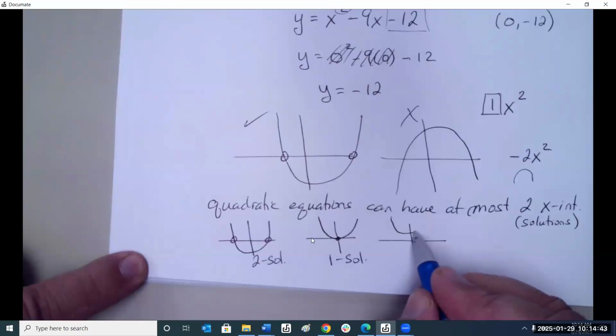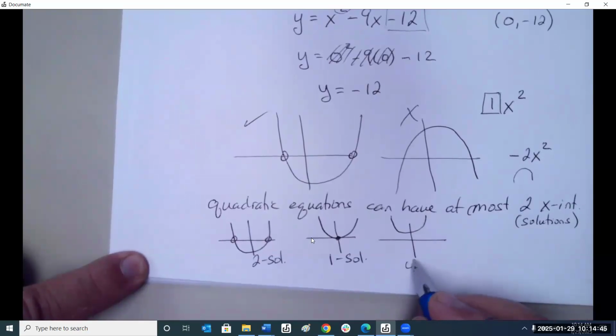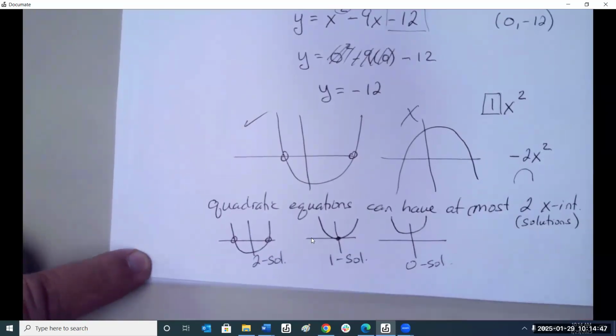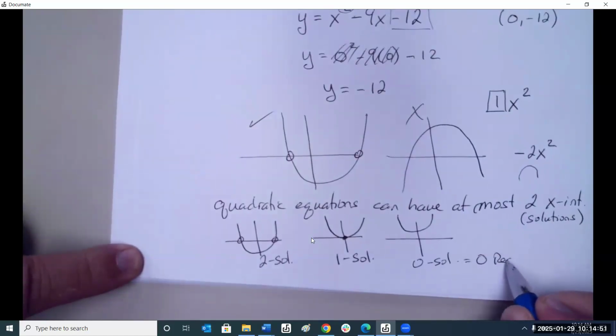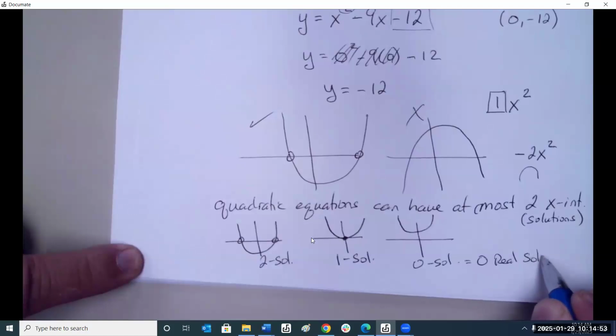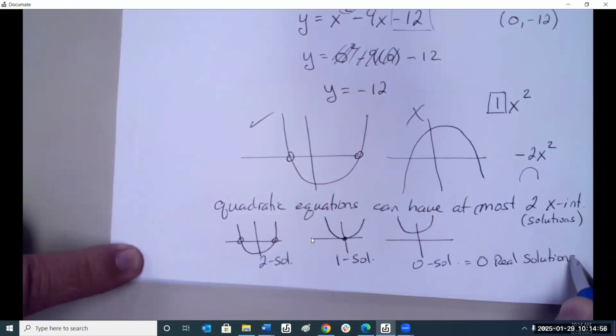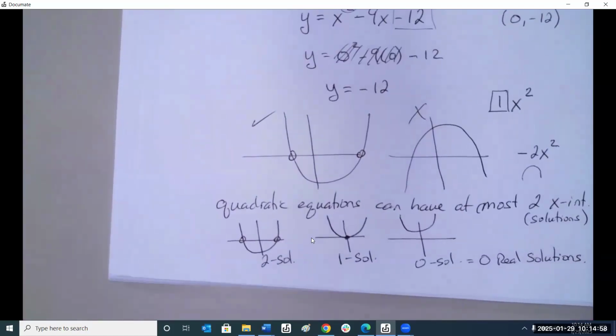And this, it looks like this, has 0 solutions. Or I should say 0 real solutions. We'll talk about that later. Meaning, if you have a graph like this, that means your answers are going to be square root type equations.